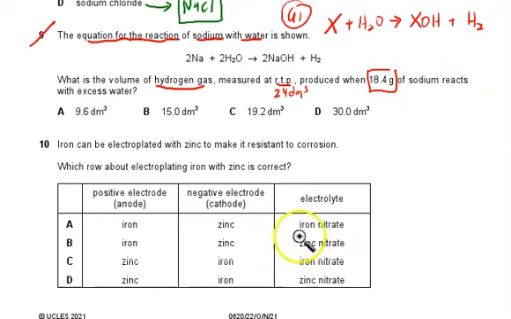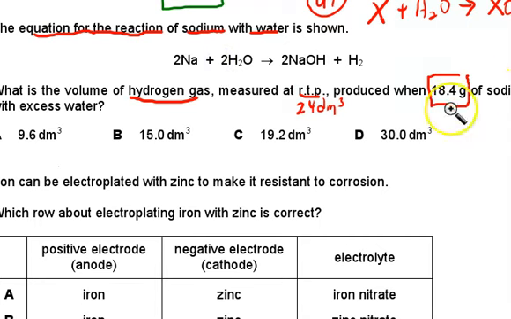Let me make it bigger. This is 2, this is 2, this is 2, and here is 1. Now let us calculate. 18.4 gram of sodium. Sodium RAM is 23.